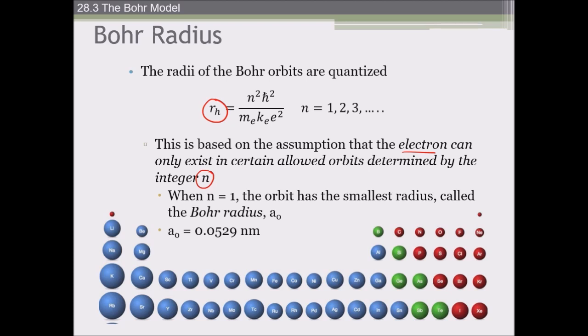Clearly, the atom can basically swell as it absorbs energy, and those electrons move to higher and higher energy states. And so we can calculate, most of these things are constants, so we have n equals 1. This is a constant, h bar is a constant, the mass of the electron is constant, Coulomb's constant, and the electron charge. So we can calculate the radius, and so that fundamental radius is another constant given by the Bohr radius, which is 0.0529 nanometers.